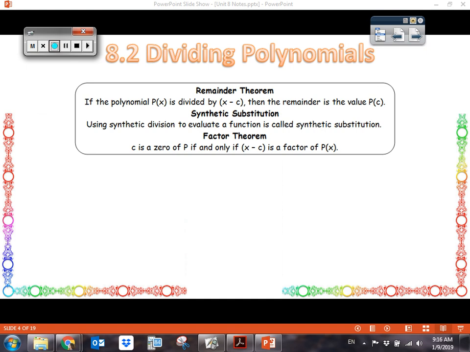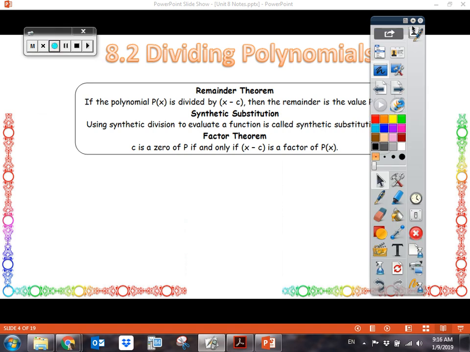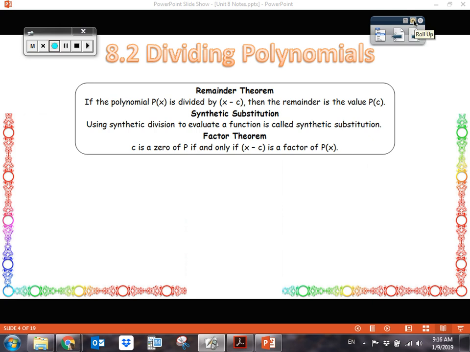So let's talk about these theorems. The first theorem is the remainder theorem, and I really need to write a polynomial up here because it's so abstract. Students just kind of stare at me when I talk about it. So we're going to come up with an example, p of x. Let's just say this is our p of x polynomial.